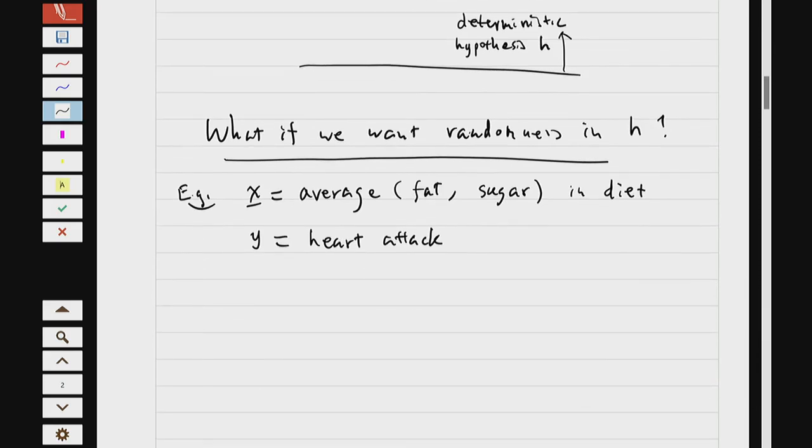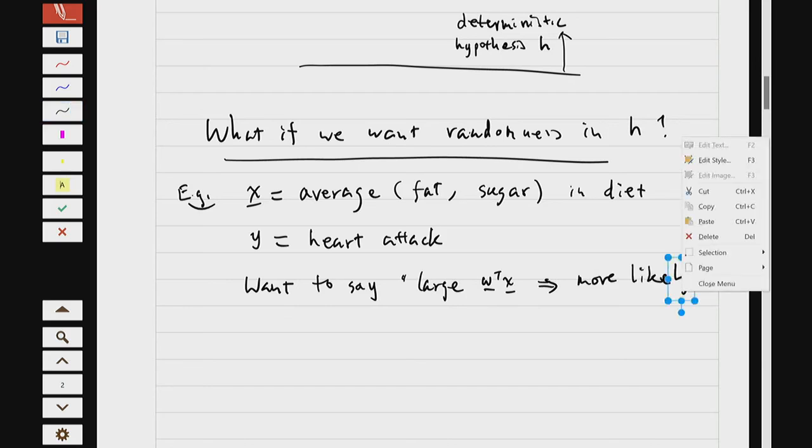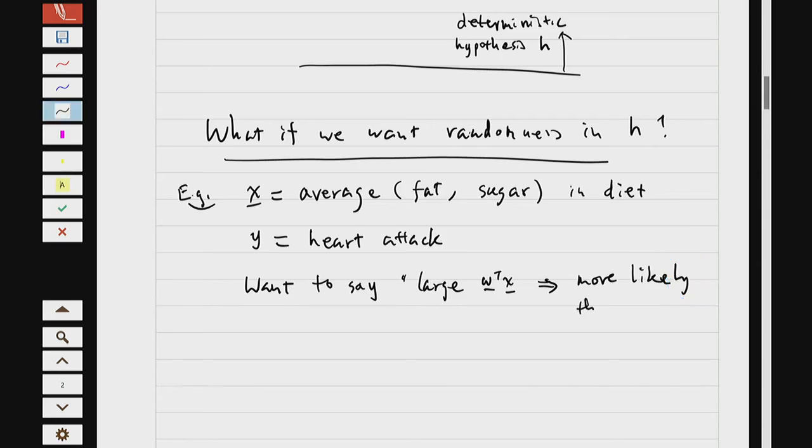So we want to say, again, maybe depending on the proportion of fat and sugar, then there's a weighted sum. Therefore, a large weighted sum of these two items leads to a high likelihood, more likely, that y is +1.